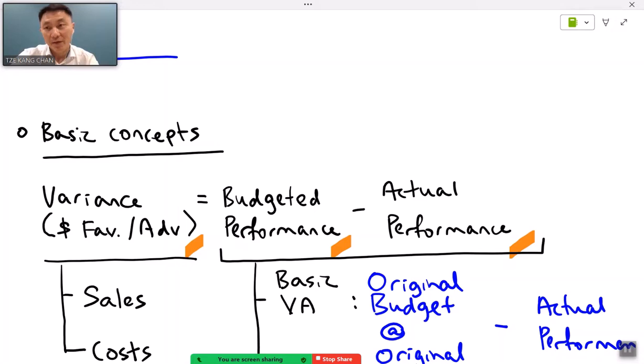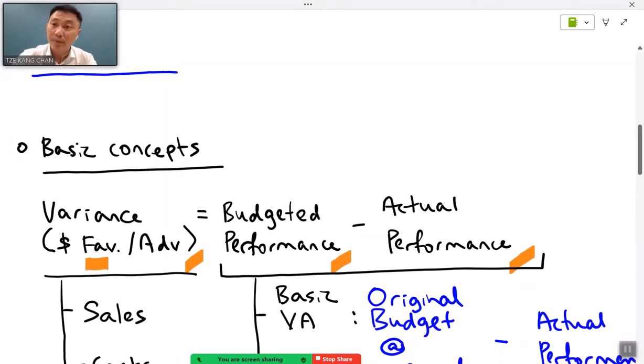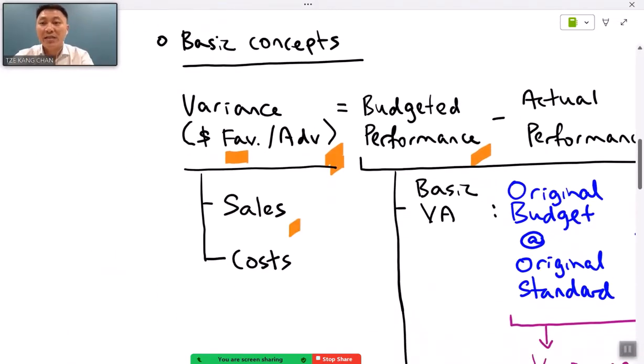Should the actual performance outperform the budget, such a variance is termed favorable. On the other hand, should actual performance underperform compared to budgeted performance, such a variance is termed adverse or unfavorable. These variances mainly relate to sales activities as well as cost activities.